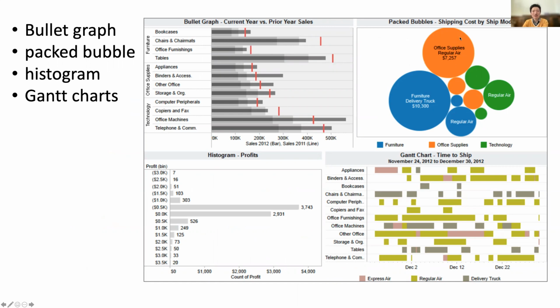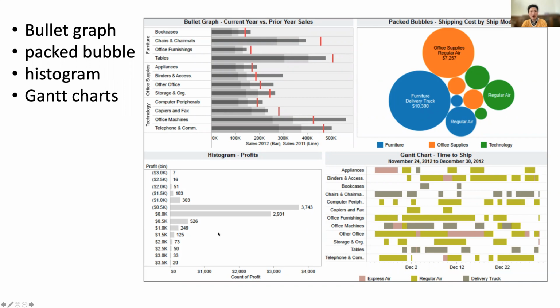This is also very popular, but usually it's not the most effective way. For example, if I need to compare the size of this green circle and this blue one here, it's just not that easy to see which one is larger than the other.